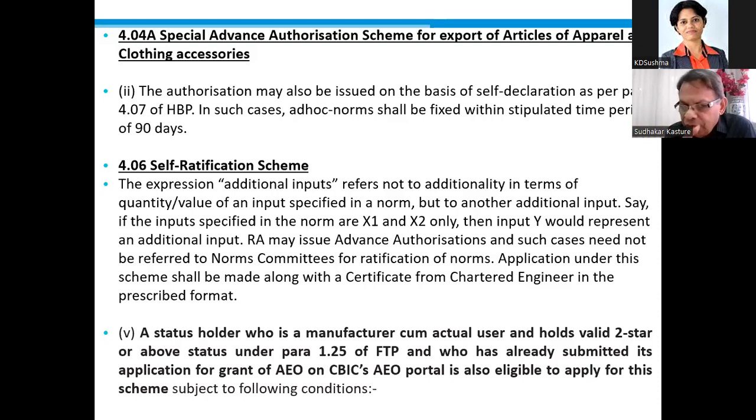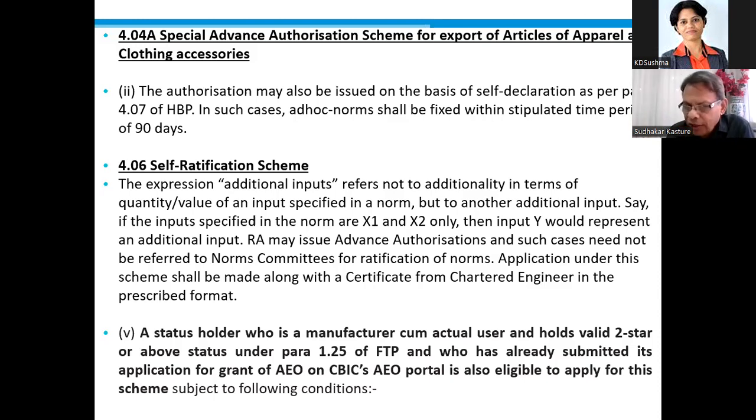It will not be referred to the norms committee. It will be done on the basis of a chartered engineer certificate. You have to submit that chartered engineer certificate in a prescribed format, and you will be able to get this self-ratification scheme. Then it also says, because earlier the self-ratification scheme was applicable only for AUO holders.